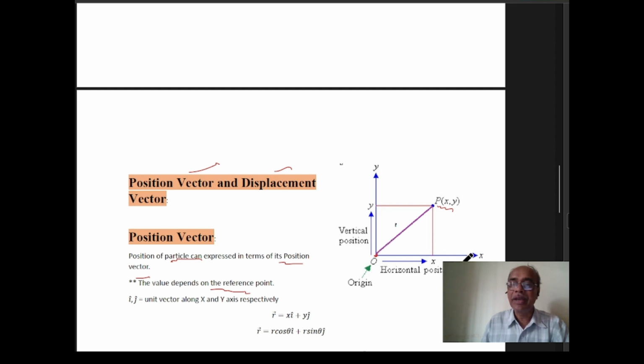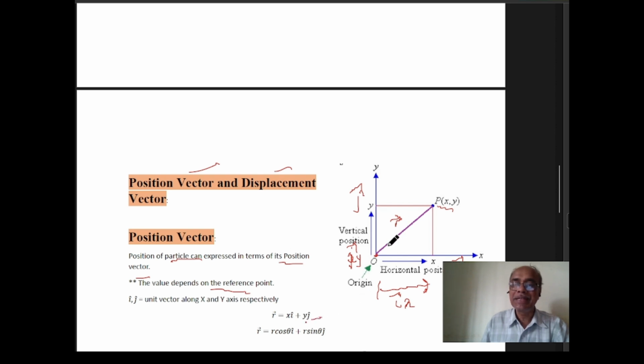Now, if i cap and j cap are the unit vectors along the x-axis and y-axis, then the vector length here will be x i cap and this will be y j cap. So the vector is equal to x i cap plus y j cap.